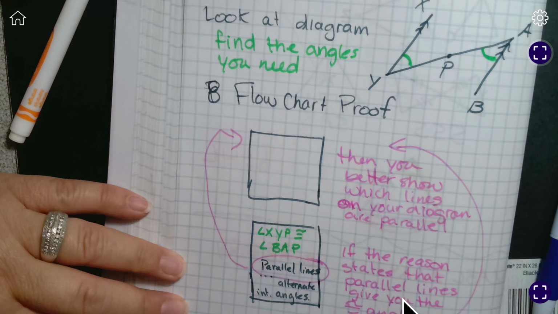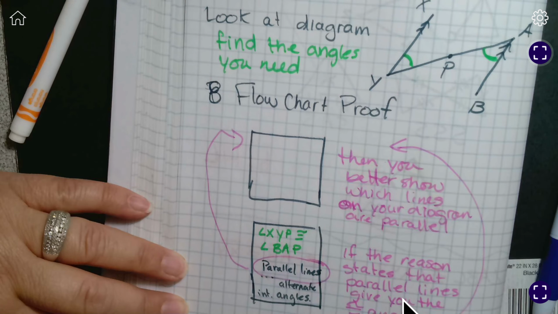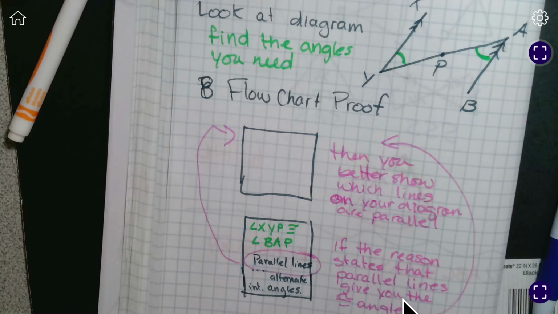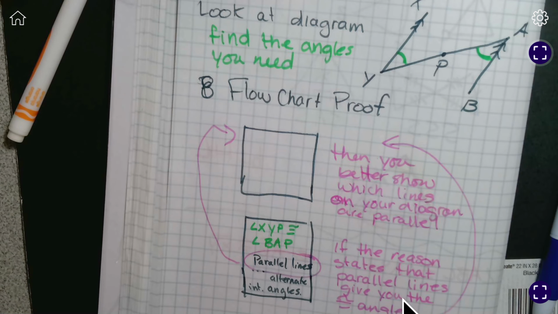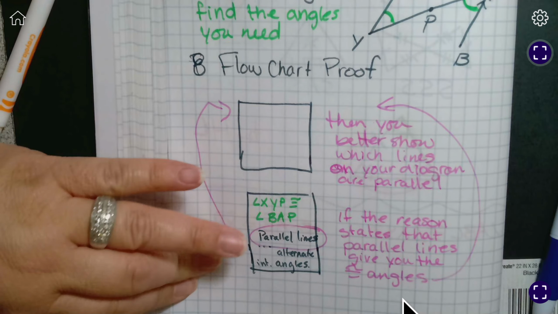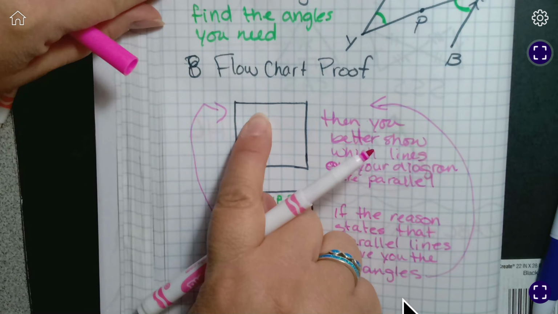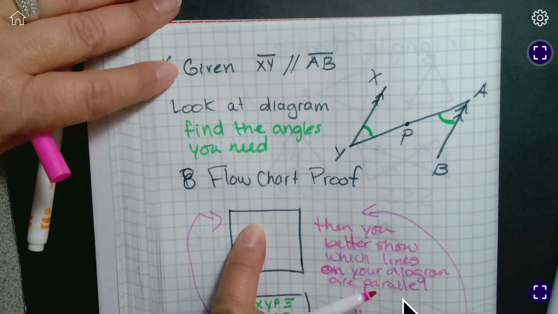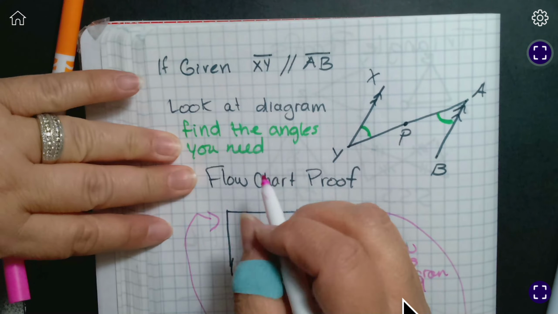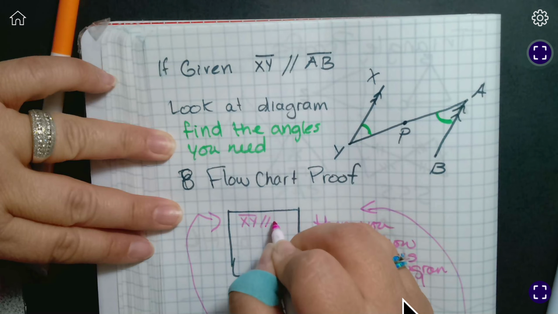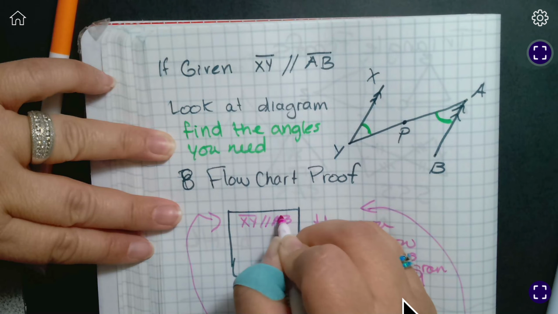Okay? You have to show, if you're saying that parallel lines give you congruent angles, then you got to go, well, where are your parallel lines? Oh, well, they were given to me right there. This says they were parallel. So I write it down. XY is parallel to AB.